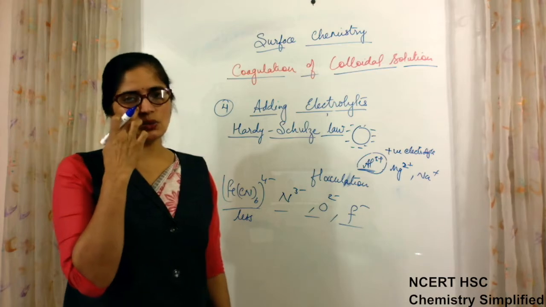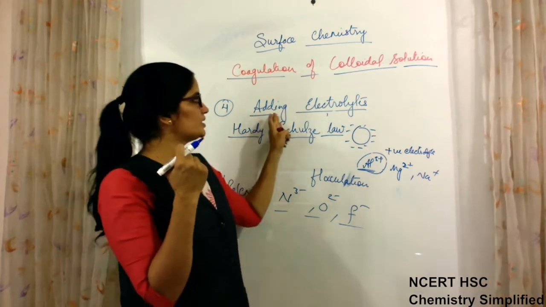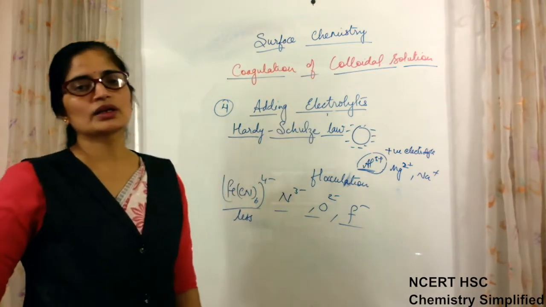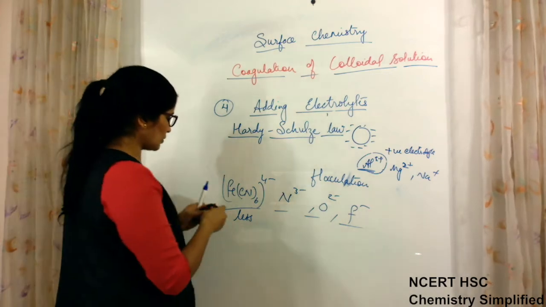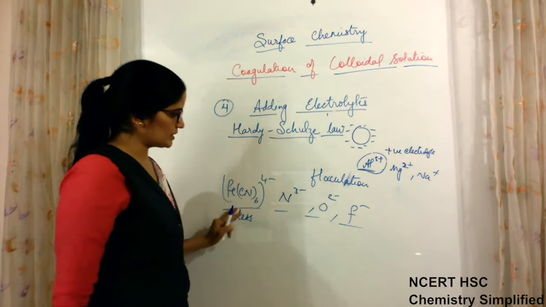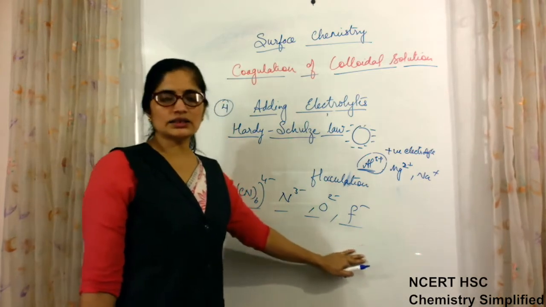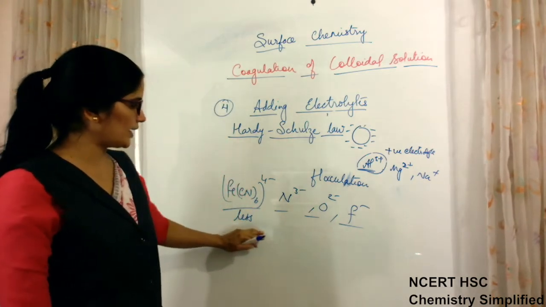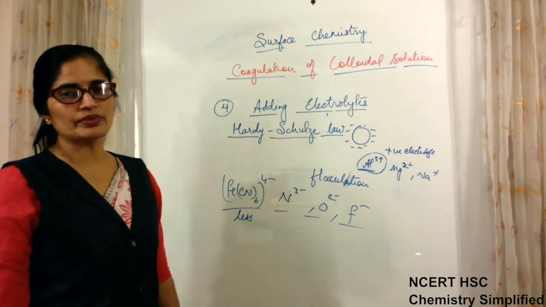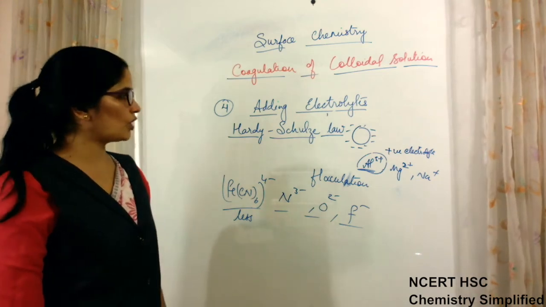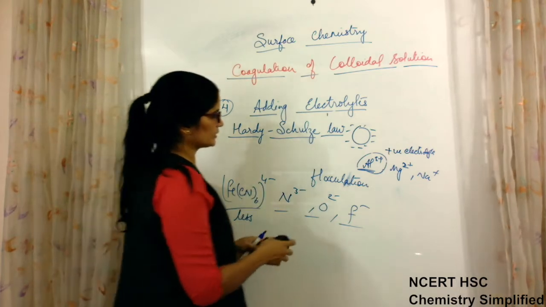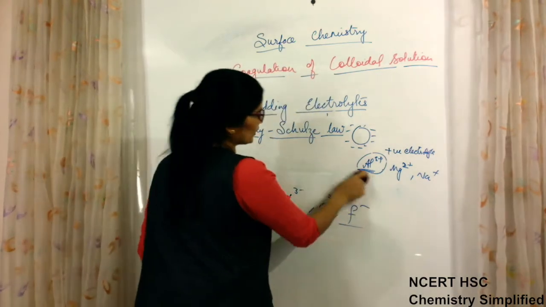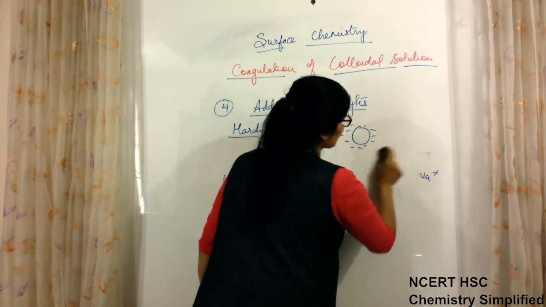That is why this is known as this law, and it is related to the addition of electrolytes to the colloidal solutions. So again, this is an important topic, Hardy-Schulze law. Sometimes it is asked that if these are the ions of the electrolyte, then which will be the more powerful agent to cause the coagulation. So the more the charge, the more is its power, and the quantity required of that particular one will be less.